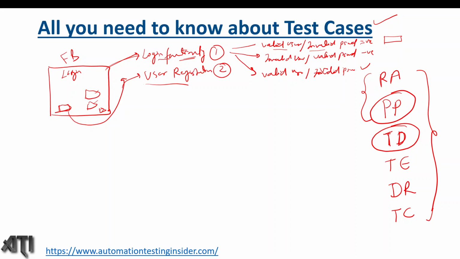Okay, so we have already spoken about the requirement analysis. So the BA provides the business requirement document, software requirement specification, and functional requirement specification. So these are the different requirement documents we have. So how do we derive the test scenario? We should have some documents, or if you have application knowledge, then we can derive the test scenario.